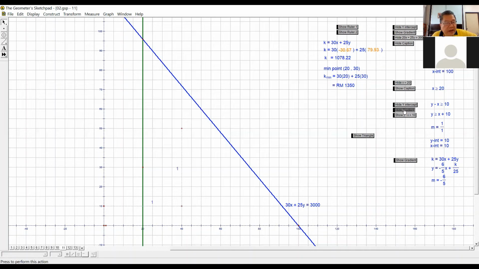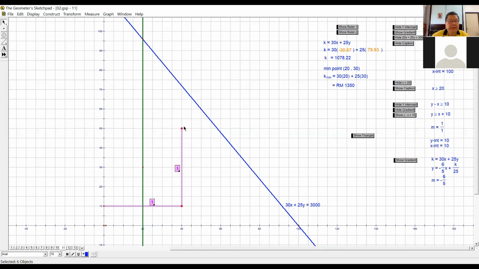So how to plot this line? 1, 1, the ratio of the units. So I use 40 here, then I use 40 here. 40 until here, you see this number 40, yeah? So I draw 40, then I move up 40. The ratio is still 1 is to 1, right?